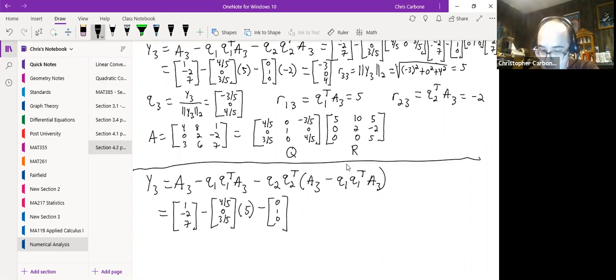The value of Q sub 2 transpose would be 0, 1, 0. And then inside of it we would have the Q sub 1 times Q sub 1 transpose times A sub 3.